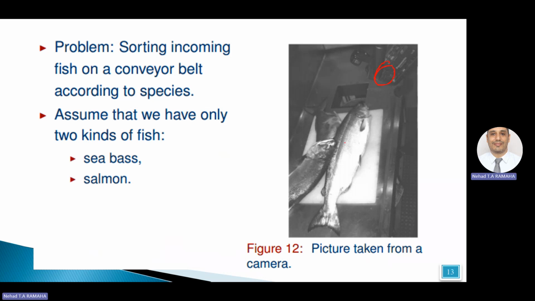This camera will see the fish, classify it, and put it automatically inside boxes. Sea bass fish will be put in a box labeled sea bass, and salmon, same issue. And it will be sold for the people.